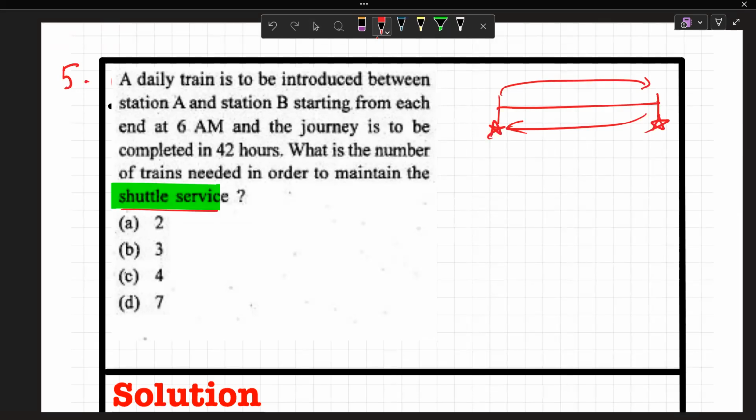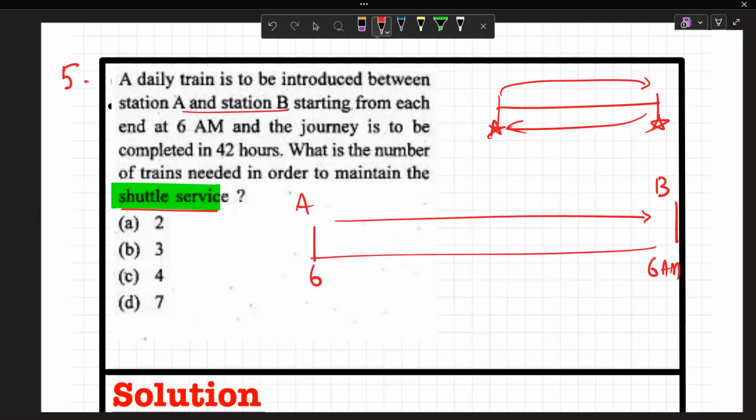A daily train is to be introduced between A and B, starting from each end at 6 a.m. Clear? Here it is A and here it is B. Now A will go to B, B will come to A. The journey begins at 6 a.m. and the journey is to be completed in 42 hours.